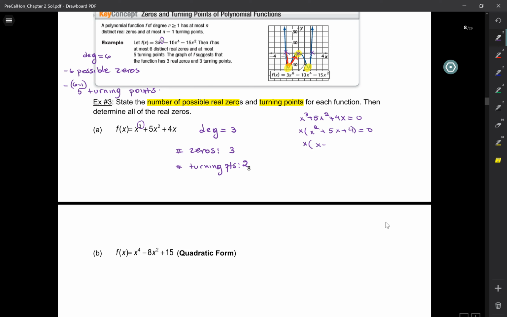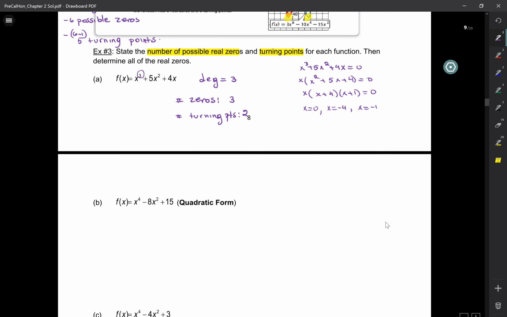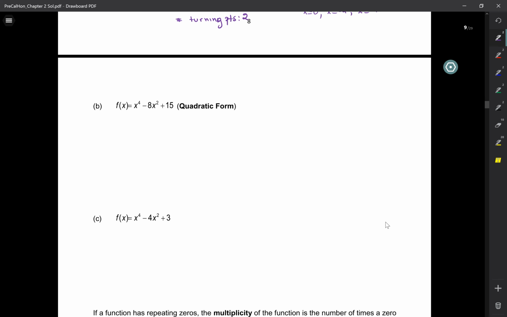So that's x plus 4, x plus 1 equal to 0. So x is 0, negative 4, negative 1. All right, there are 3 zeros, just like the equation suggests. All right, here, the degree is 4, so the number of possible zeros is 4.